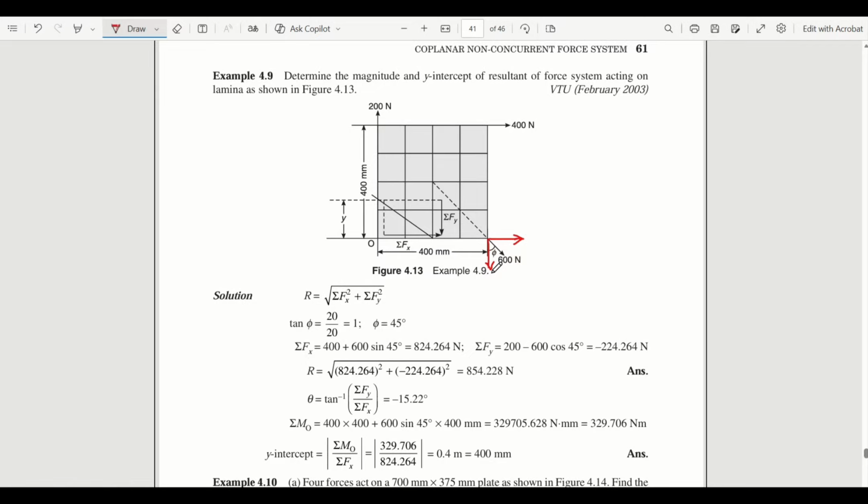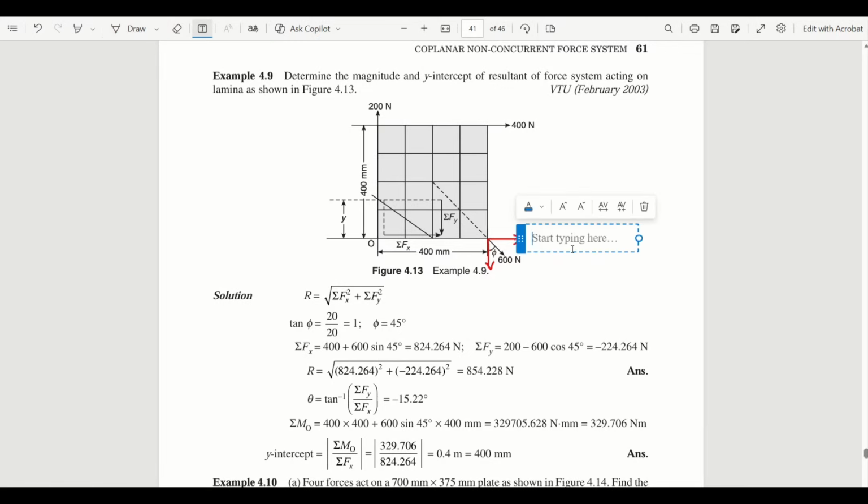You can take that as a trick. So this is 600 sine 45 and this is 600 cos 45.